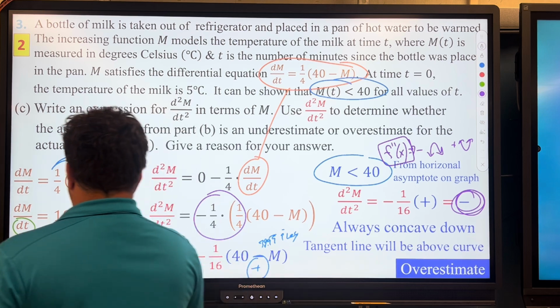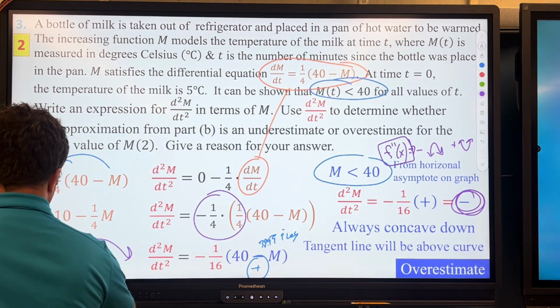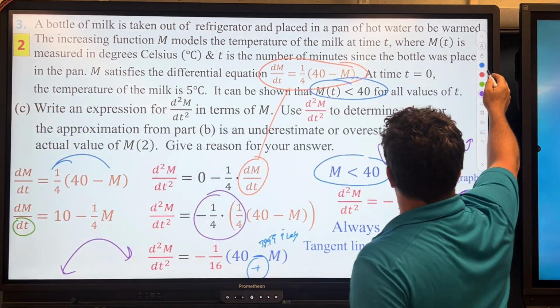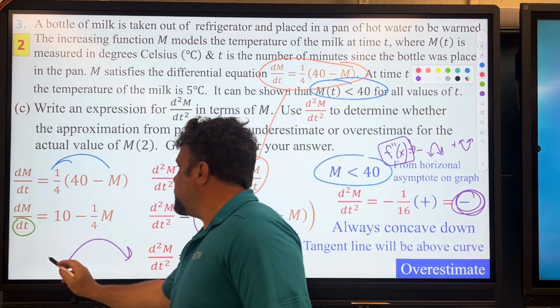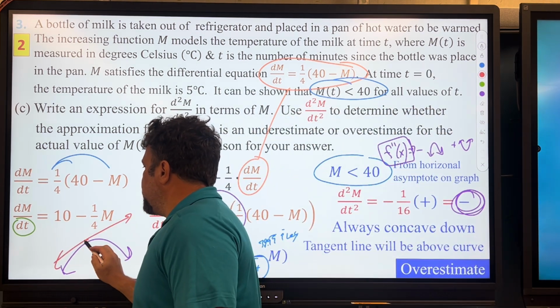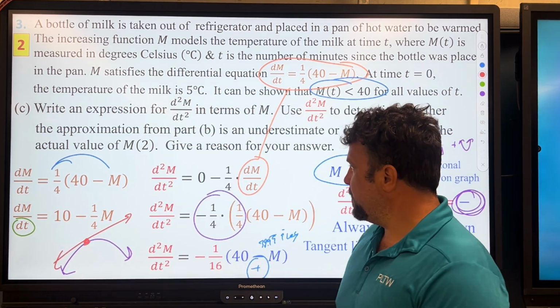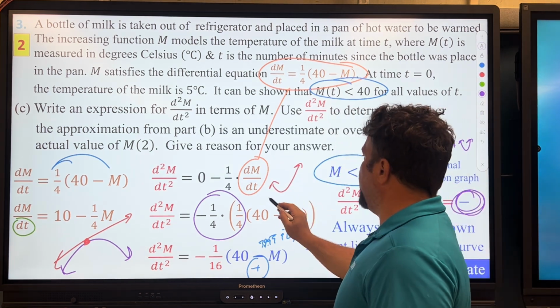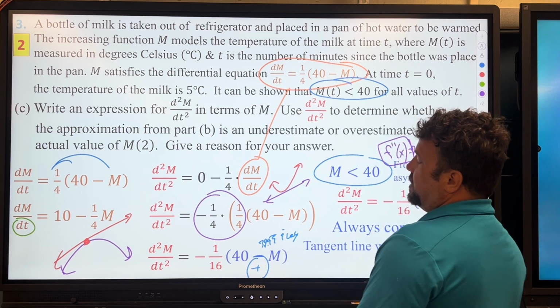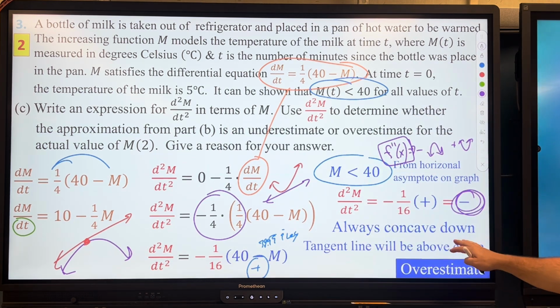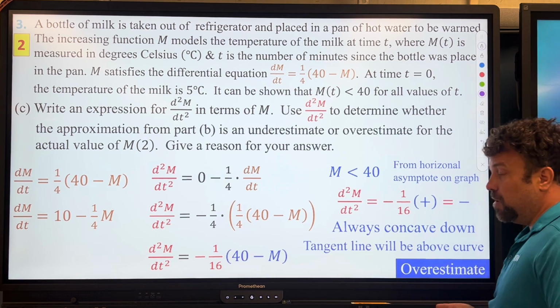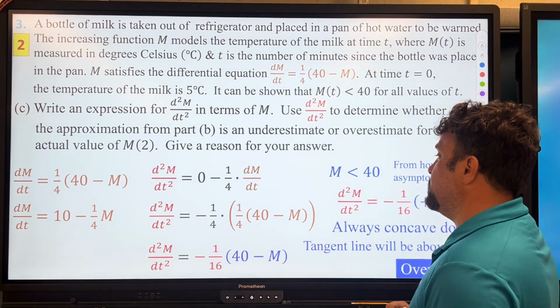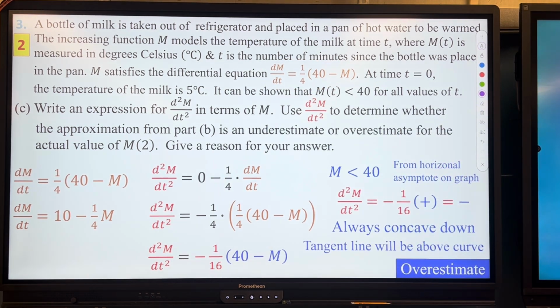This is where it gets a little confusing. Your tangent line is going to be above the curve because you don't want your tangent line going through the curve. If it was concave up, which it's not, your tangent line would have to be under the curve, so it would be an underestimate. So concave down, overestimate; concave up, underestimate. Most of the time. There's some tricks that aren't true, but every time I usually see it's like that.